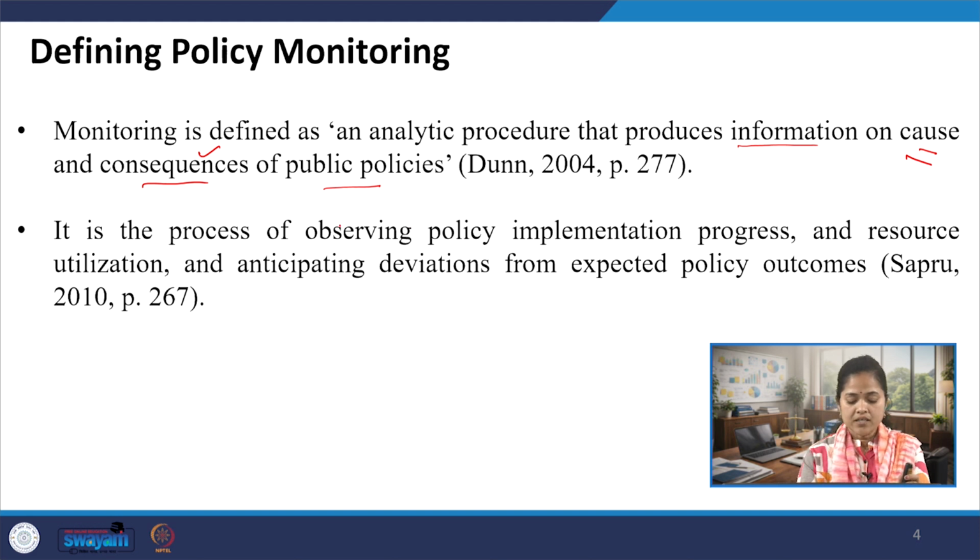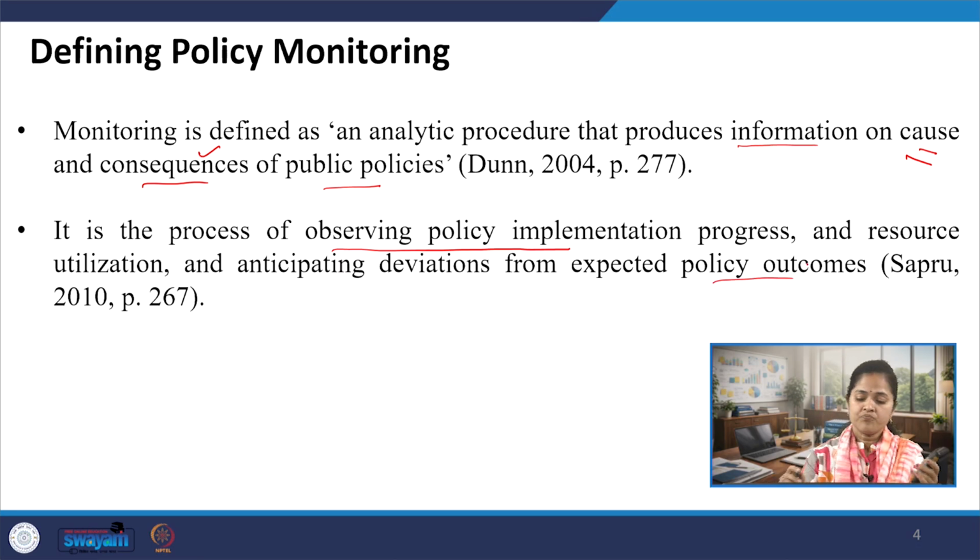The monitor observes the policy implementation, and also identifies and takes note of the kind of resource utilization that is happening, to what extent resource utilization has happened, and what the leftover resources are. All this information is collected by the monitor, and after that, based on this observation and data, the monitor should be able to identify, or anticipate, deviation from the expected policy outcomes.